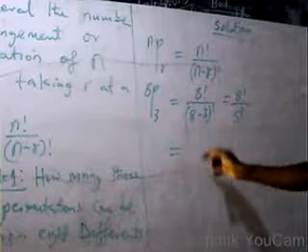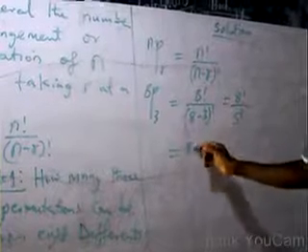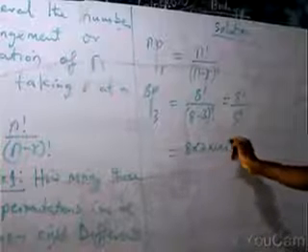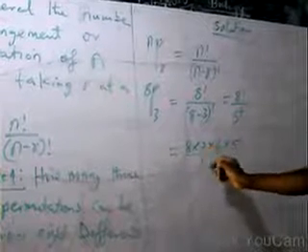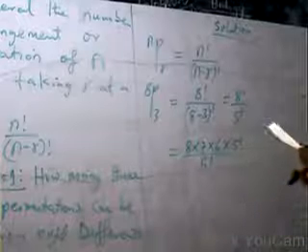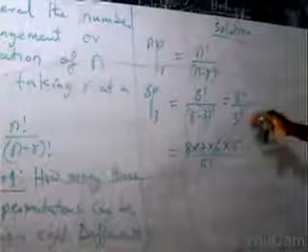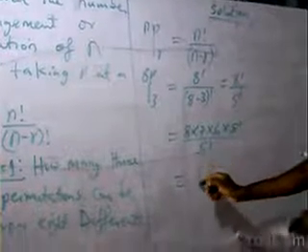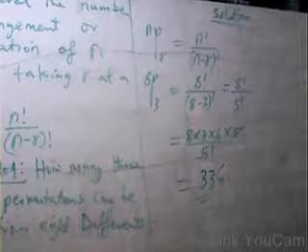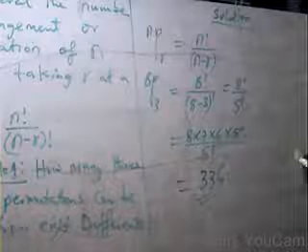So 8 factorial is 8 times 7 times 6 times 5 factorial all over 5 factorial. Because your denominator here is 5 factorial, you need to stop at 5 so that this 5 factorial and this 5 factorial can cancel each other. So at the end of the day, you now have 336. If you have 8 objects and you want to take 3 at a time, your answer is going to be 336. That is that.